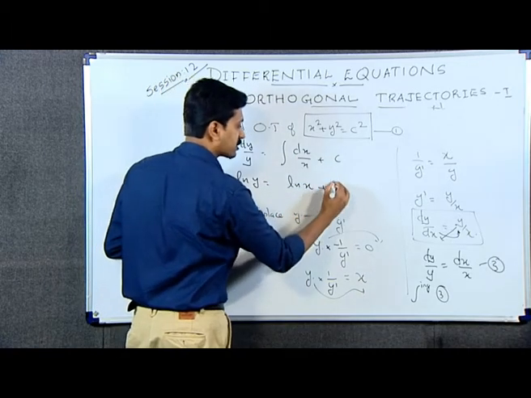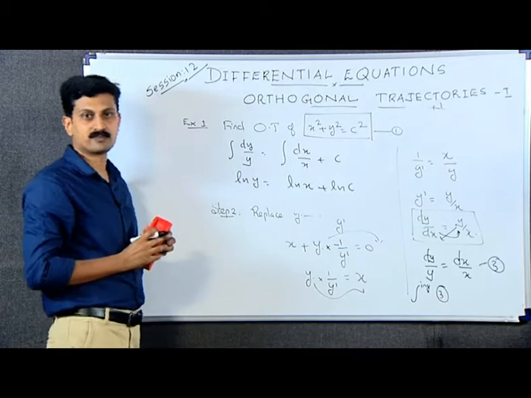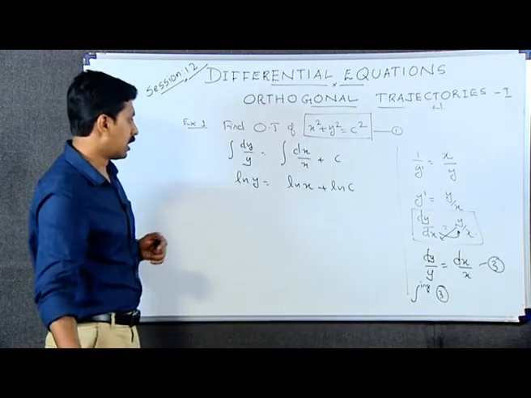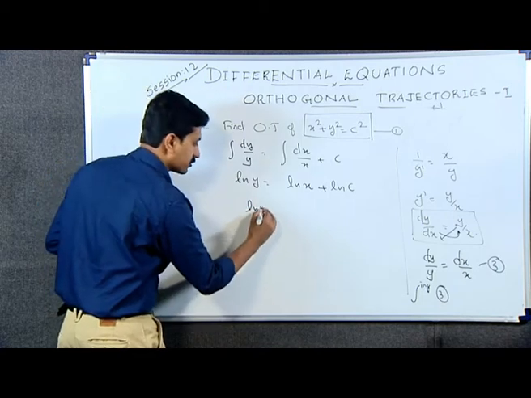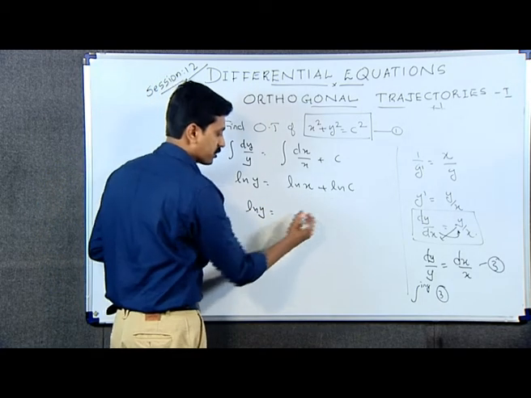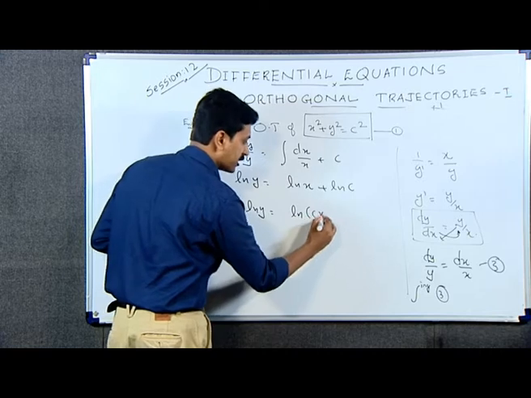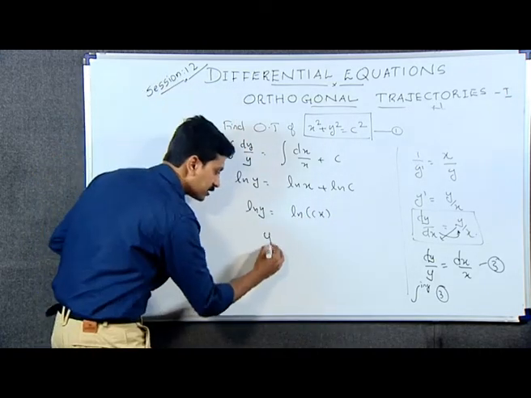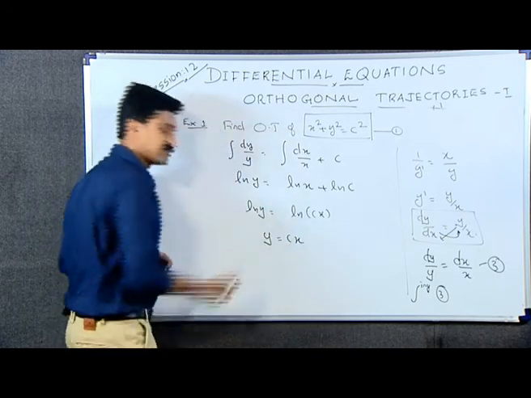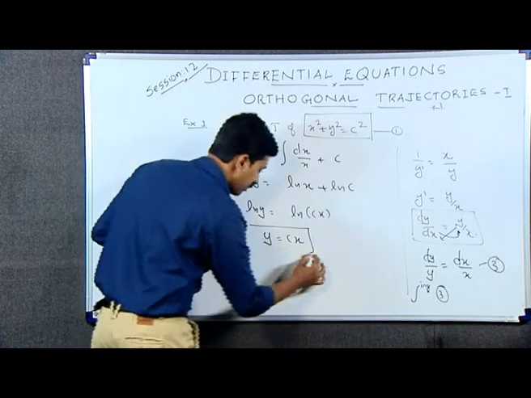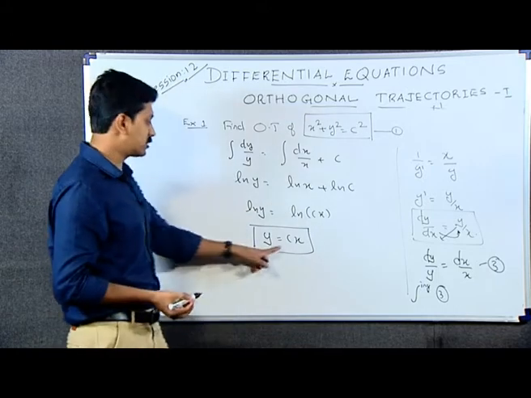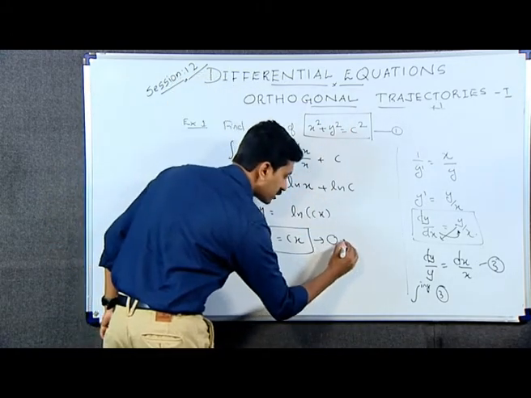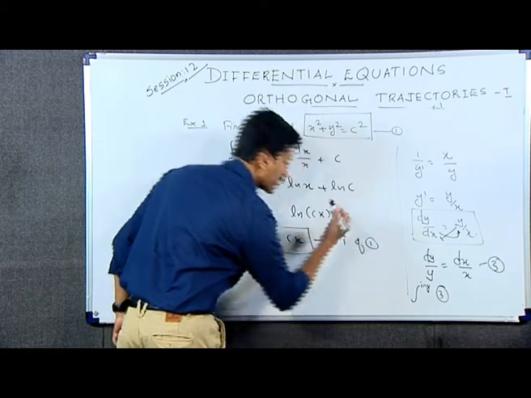I am taking the constant as log c. So log y is equal to log x plus log c, that is log of cx. Taking the exponential on both sides, y is equal to cx, and this is the family of curves which is orthogonal to 1. These are the orthogonal trajectories of the family of curves 1.